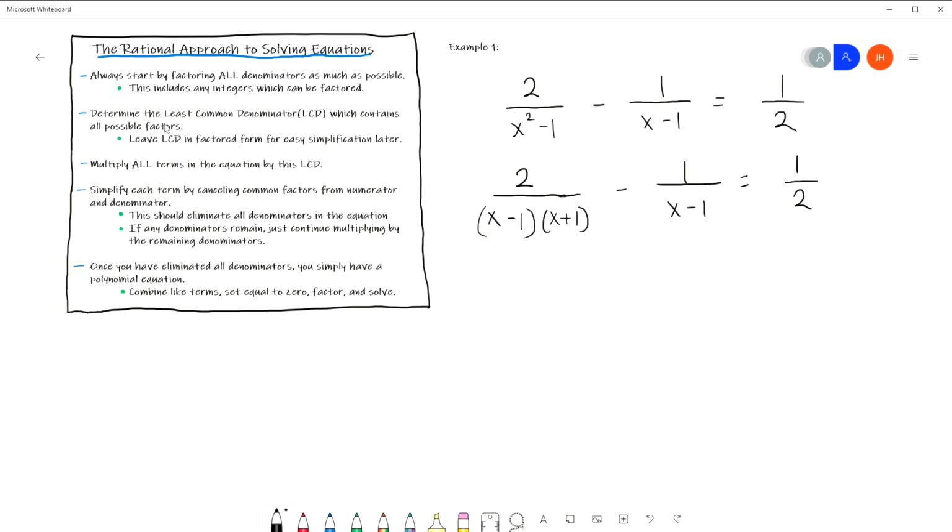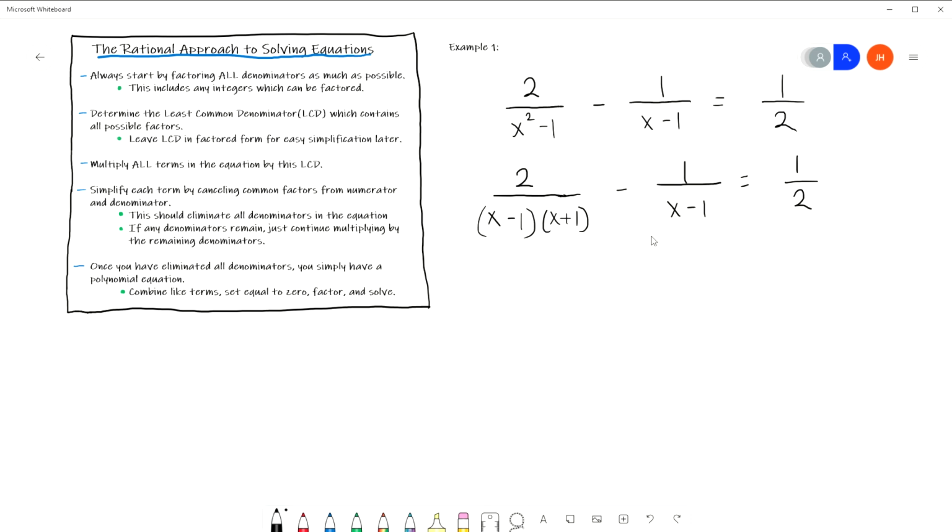Next, it wants me to determine the least common denominator, which contains all possible factors. Now, what this least common denominator means is just looking at all the denominators, right? All the factors on the denominators. What is something that I can come up with that is like the smallest expression that contains everything?